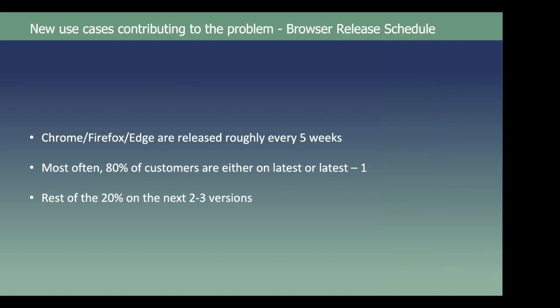Personally, if you look at your company's Omniture to see what browsers they're using, most of the time you could see that 80% of customers are either on the latest version or latest minus 1, and the remaining 20% or so are on the next 2-3 versions. So if it is a really sensitive site, you might need to run on latest and latest minus 1 as well, because the majority of customers have shifted to latest and latest minus 1.